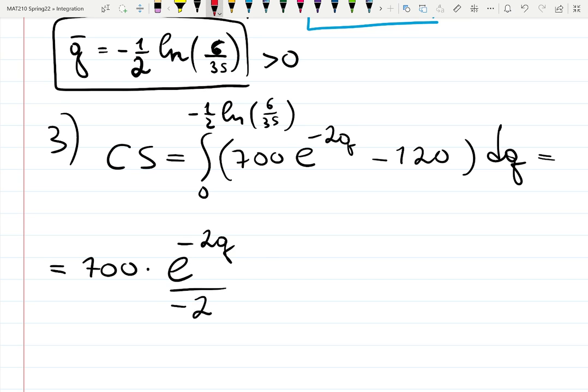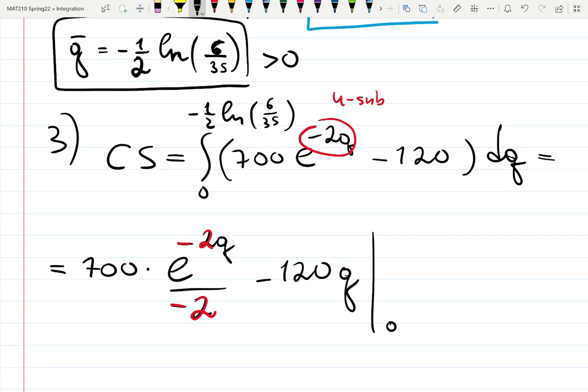That is a shortcut for u substitution. I have a very good video about this too, check it out. I just copy the exponential function and divide by the leading coefficient. Minus 120q from 0 to minus 1/2 ln 6 over 35.